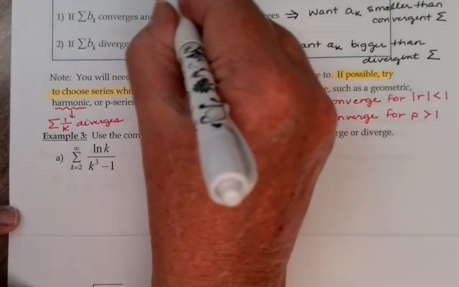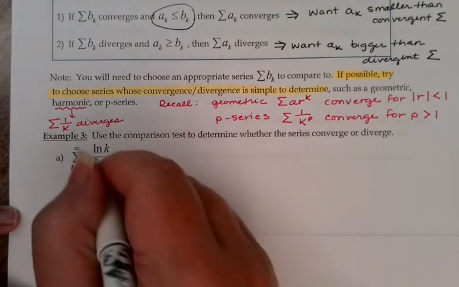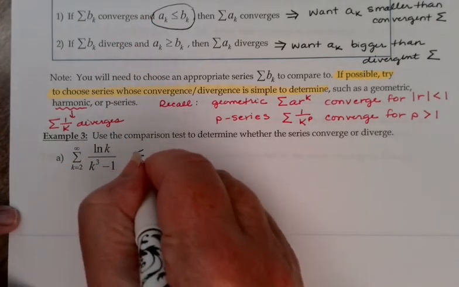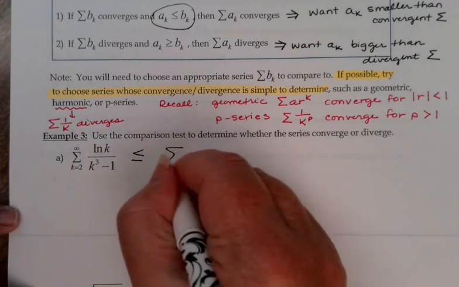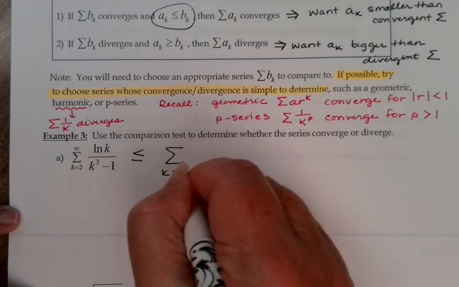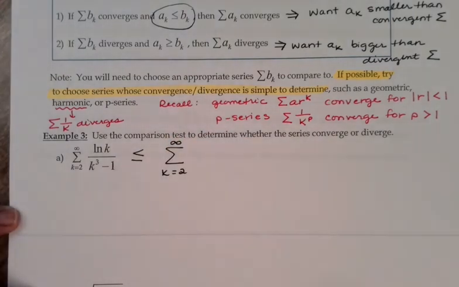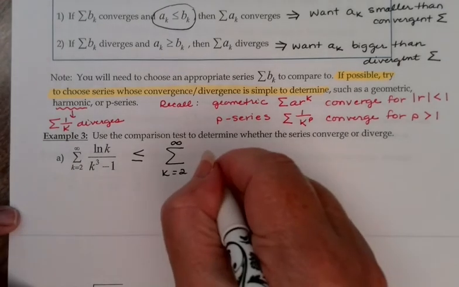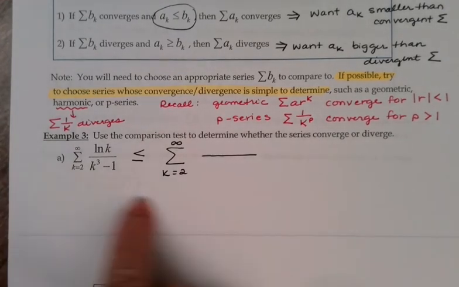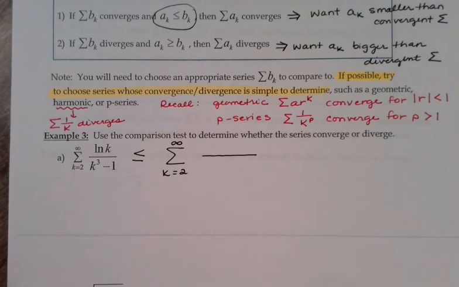Okay, so I'm going for this. This is less than or equal to the series from 2 to infinity. And now let's make a fraction that's bigger. How do you make a fraction bigger? Well, you can make a fraction bigger by either increasing the numerator or decreasing the denominator.